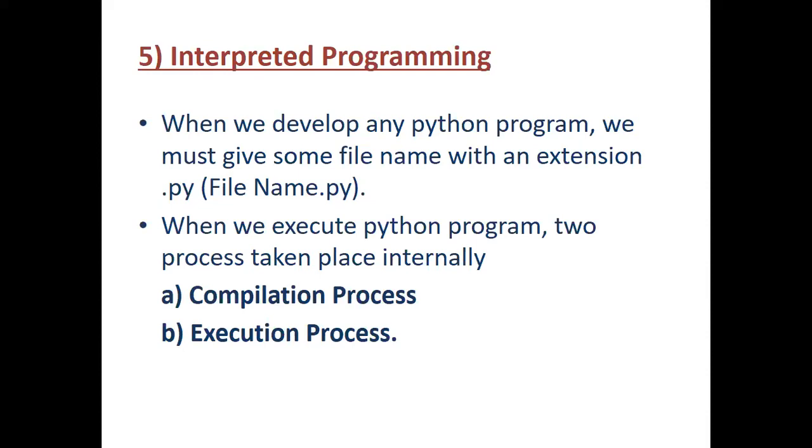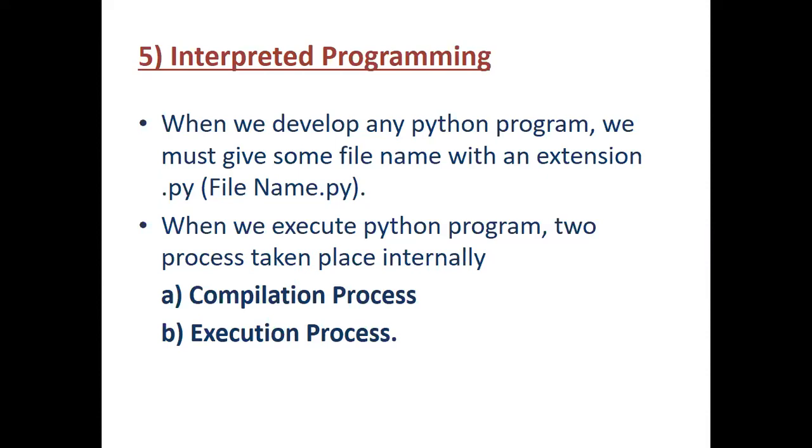Whenever we develop any Python program, we must give it a name with the extension .py. Like I am writing a program for addition, so I save it with the name addition.py. So .py is the extension which should be used to develop any Python program.